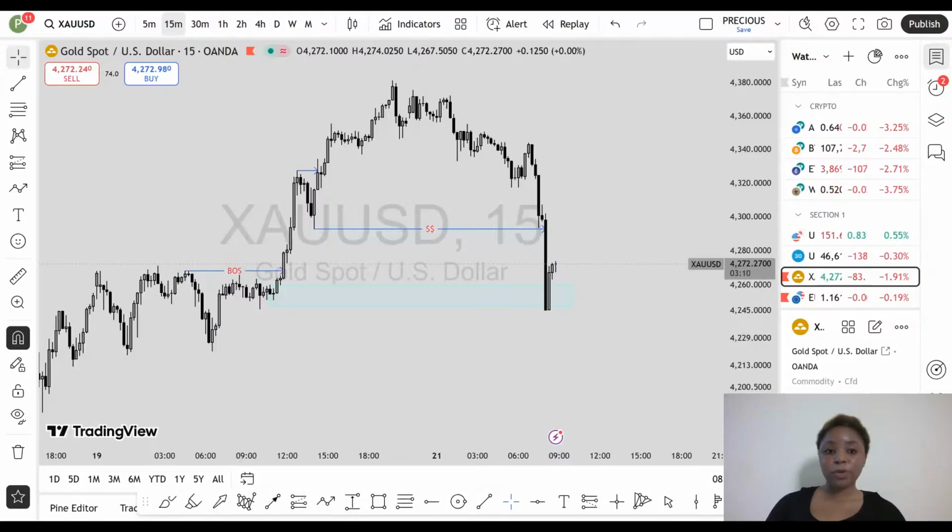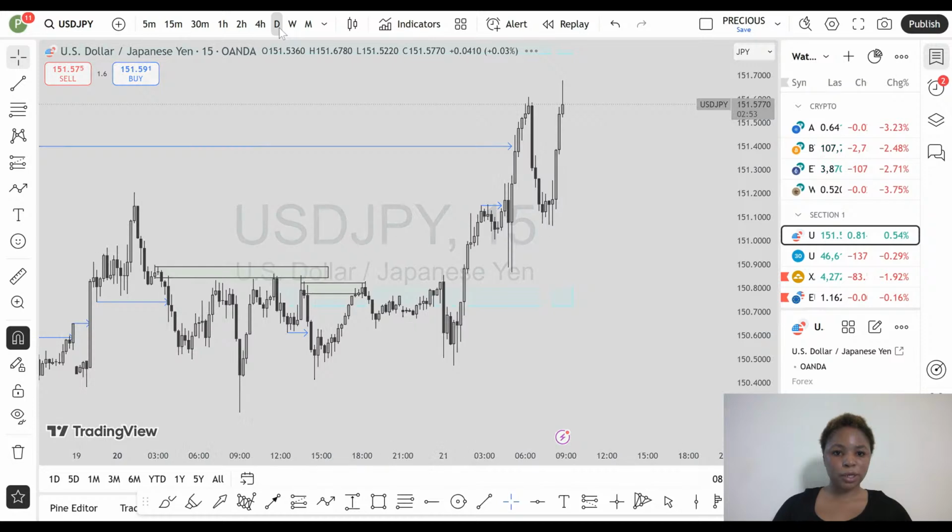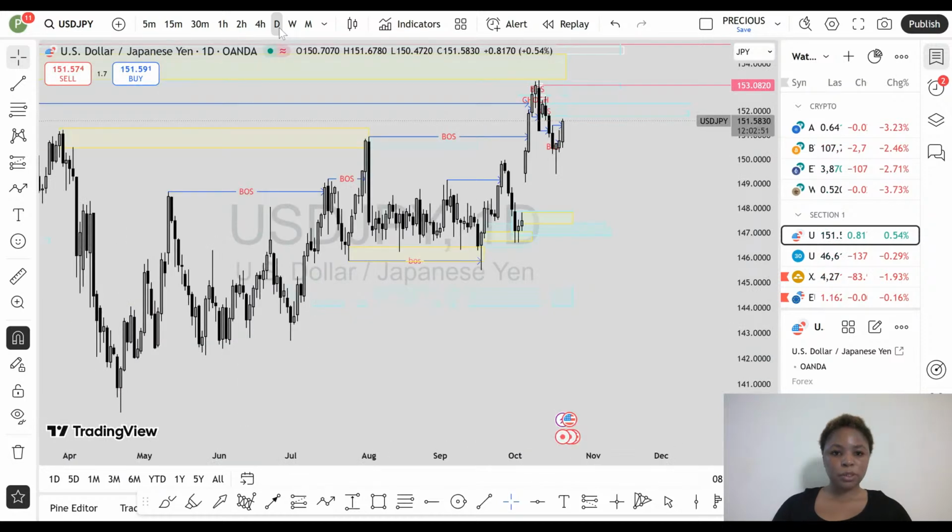Okay, Samuel, that is why the higher time frame is your best friend. The higher time frame helps you differentiate between the noise in the market. For example, now let's go to USDJPY and let's go to the higher time frame. So this is the daily time frame, right?